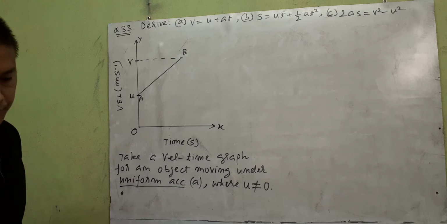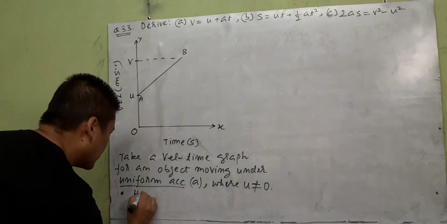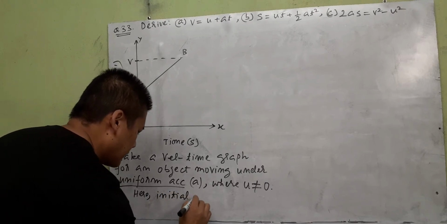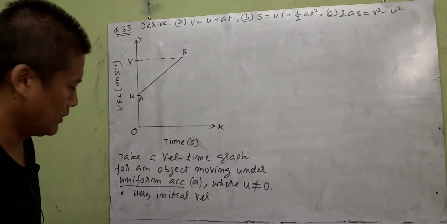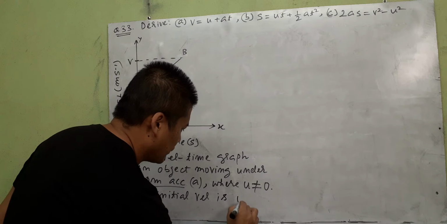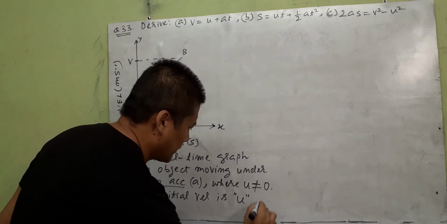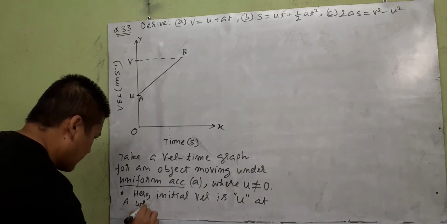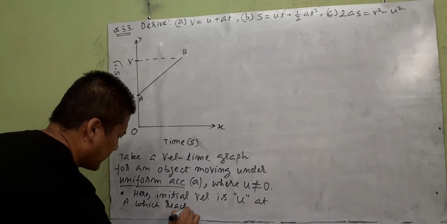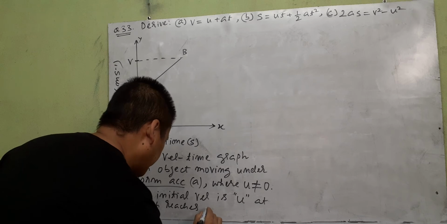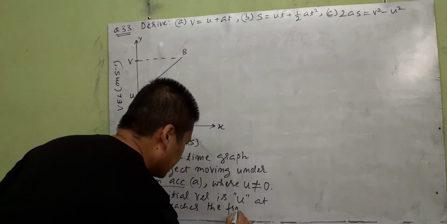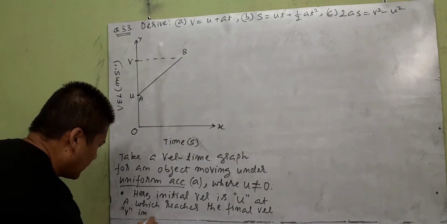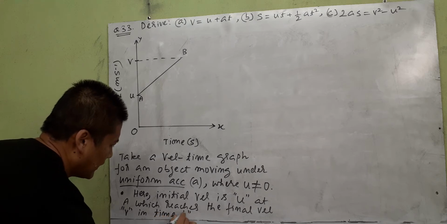So with this we see that the initial velocity is u at the point A, which increases and finally reaches the final velocity v in a time period t.